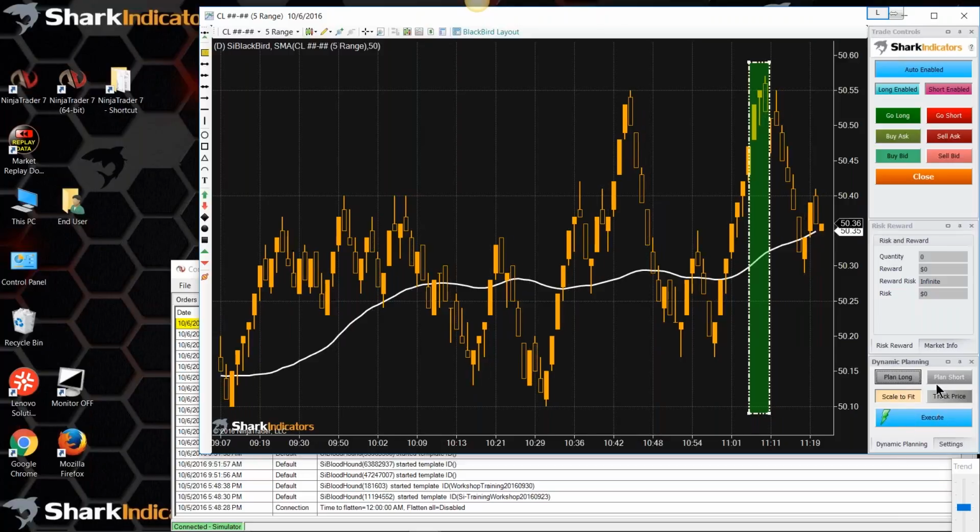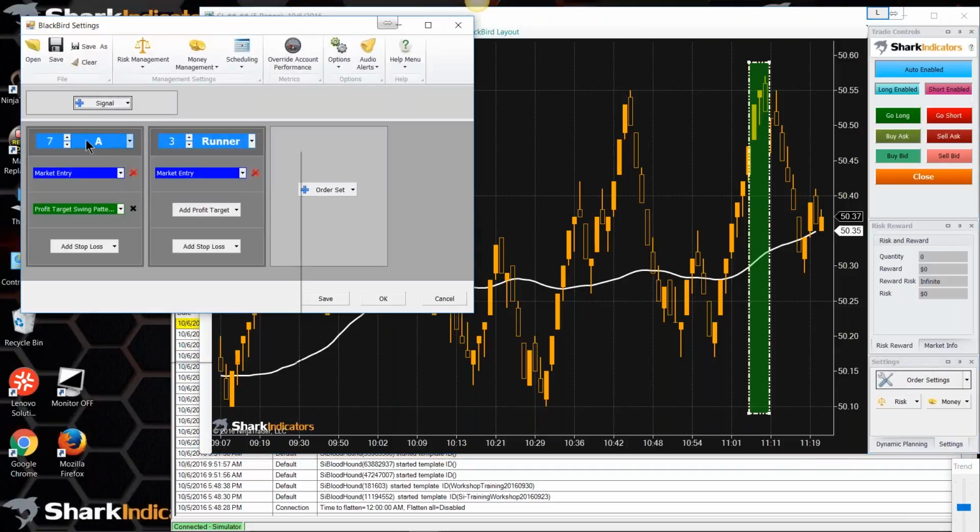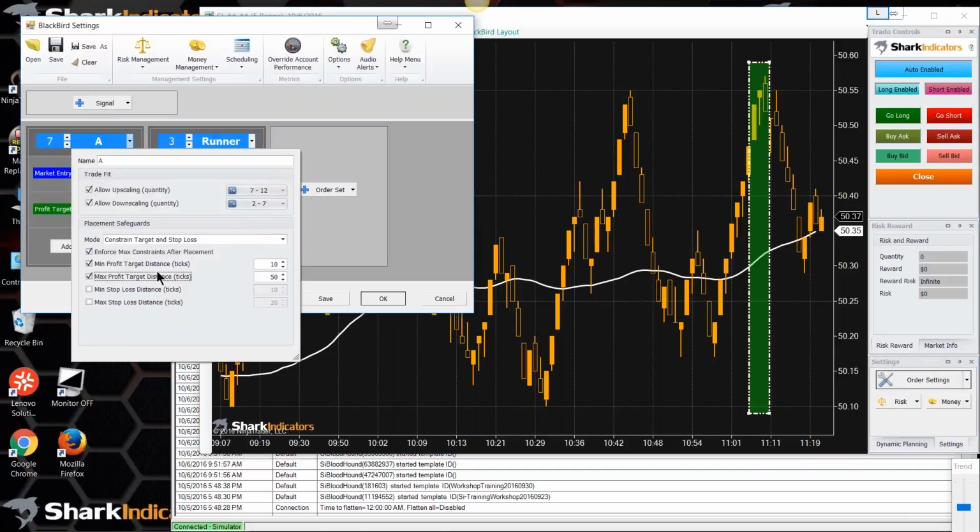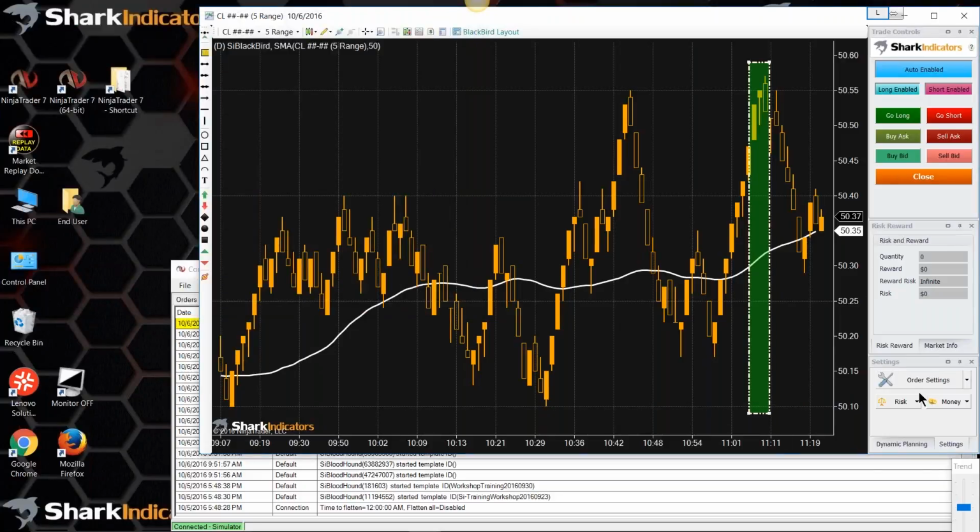and guess what? I've got some constraints set here, don't I? Yep. So I need to go in here and let me turn off my constraints. Oh, I've got some others.